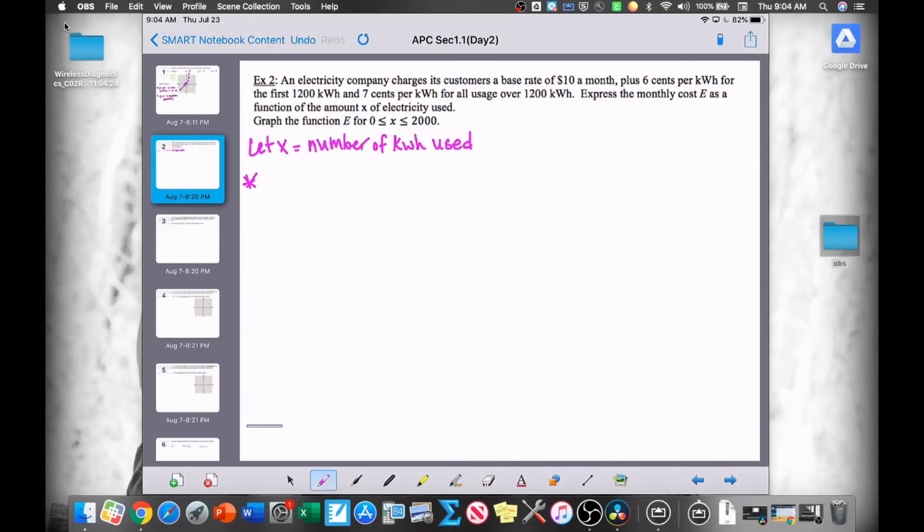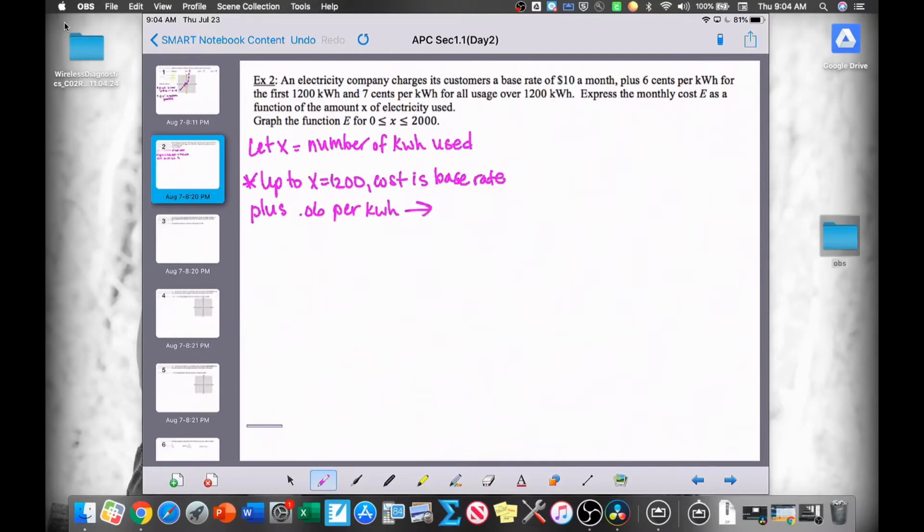So a couple pieces of information to pull out of this problem. Up to X equals 1,200, the cost is the base rate plus $0.06, or 6 cents, per kilowatt hour.